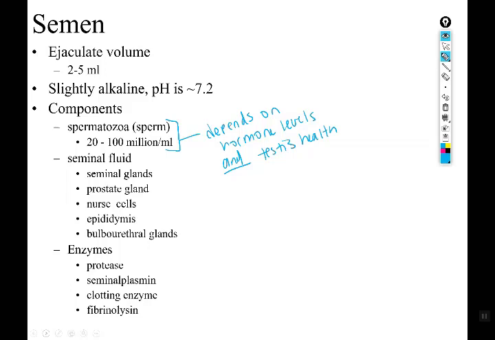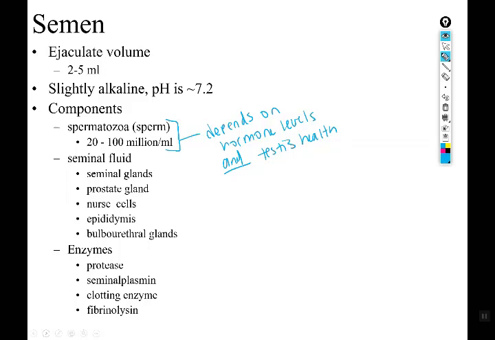So for example, if somebody's getting their fertility assessed and they have a low sperm count, one of the questions that a clinician might ask is, well, let's do some blood work and see if you have low steroid hormones, so maybe low testosterone, or perhaps low FSH, LH, or GnRH. That would be the endocrine line of questioning that a fertility specialist would go down in response to that finding.